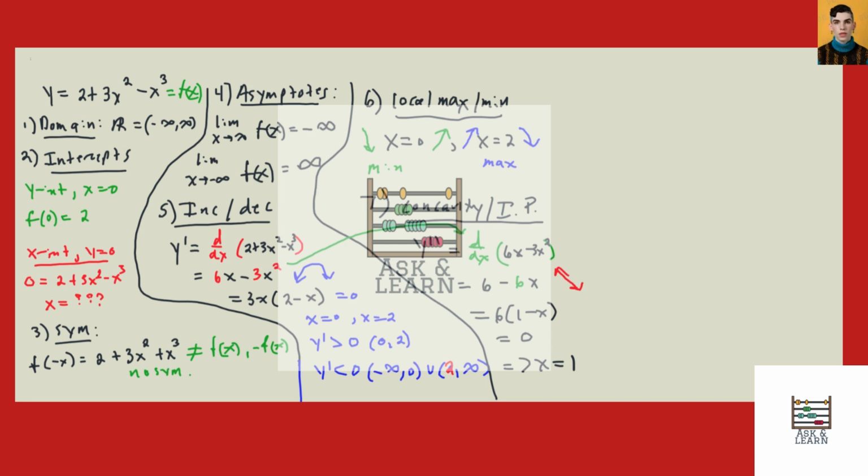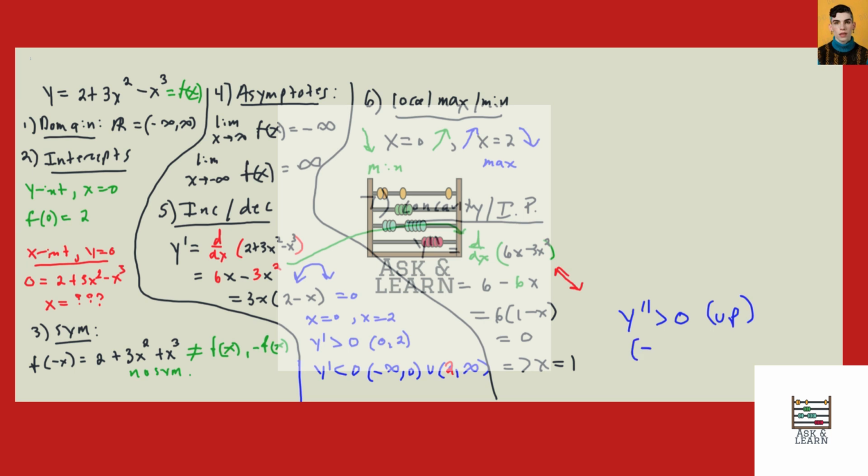And maybe we'll just go ahead and use this to tell us where it's concave up and concave down. All right, so y double prime will be greater than 0. And so remember, this is concave up. Well, that will be to the left of our point of inflection just by looking at what 6 minus 6x looks like.